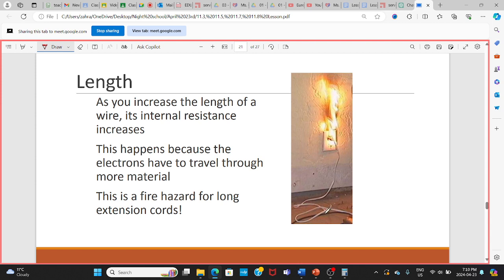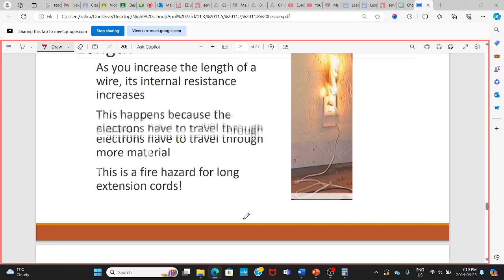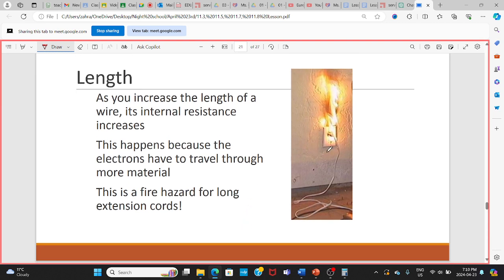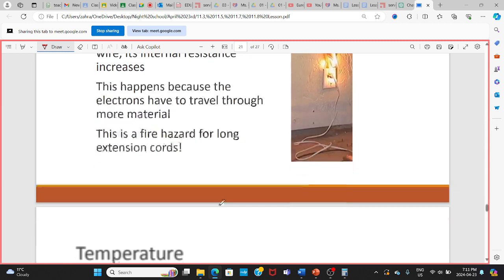Through a larger path than a shorter path. As you see, for this one, because it's a long wire, it caused some fire and burning here. This is a fire hazard for long extension cords.